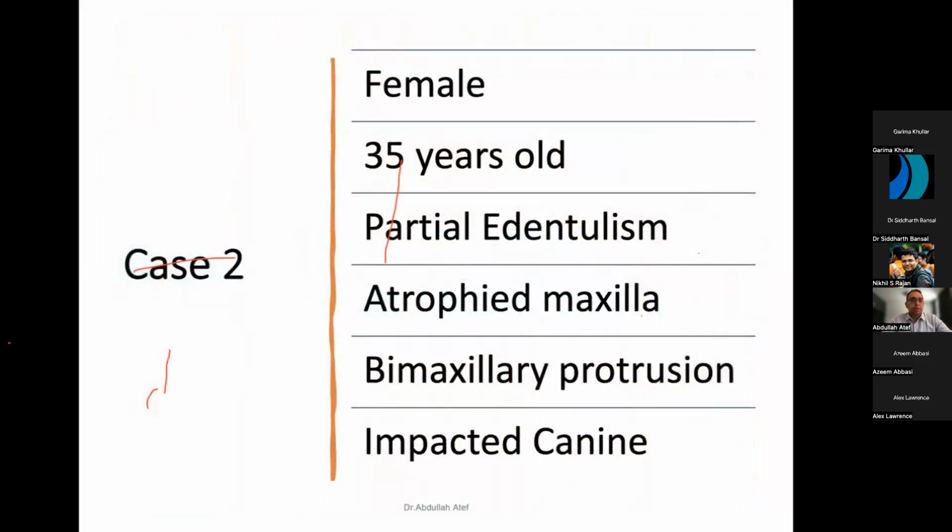Another case, which is a female patient, 35 years old, partially dentulous in mandible, and partially edentulous atrophied maxilla. She has a bilateral bimaxillary protrusion.